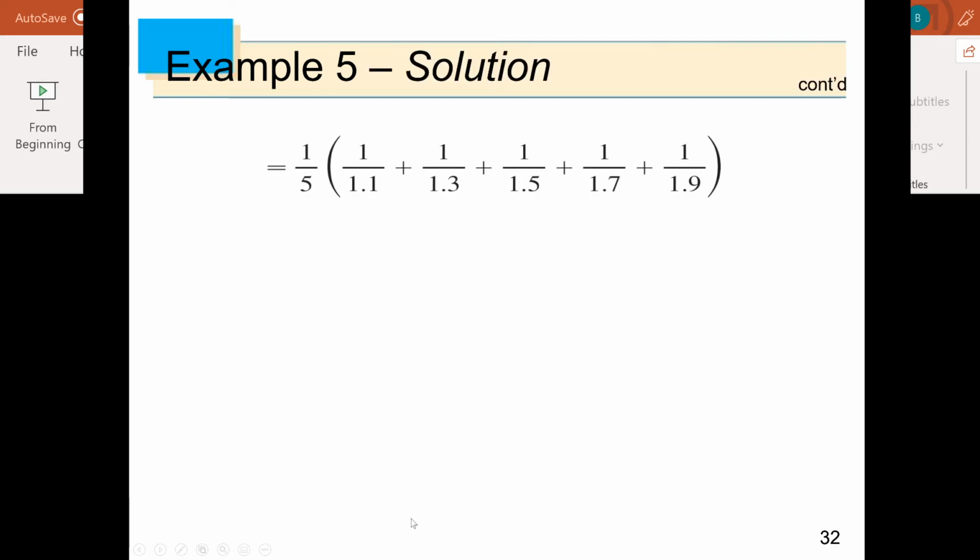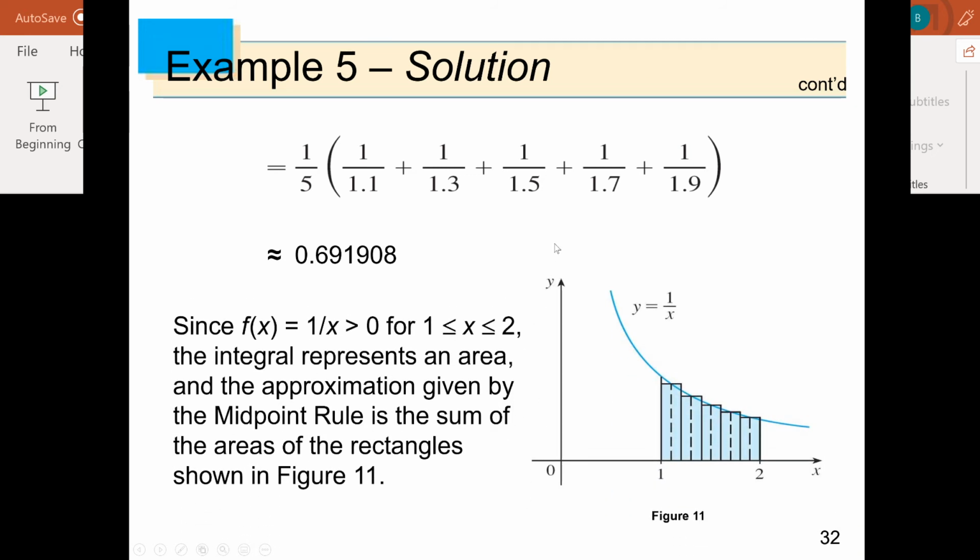Doing the evaluation, we got 1 over 1.1, 1 over 1.3, 1 over 1.5, 1 over 1.7, and then plus 1 over 1.9, times 0.2, or 1/5. So eventually, it's about 0.691908. So you may notice that instead of using more rectangles, it's better to use the midpoint rule, because that would be an even better approximation.